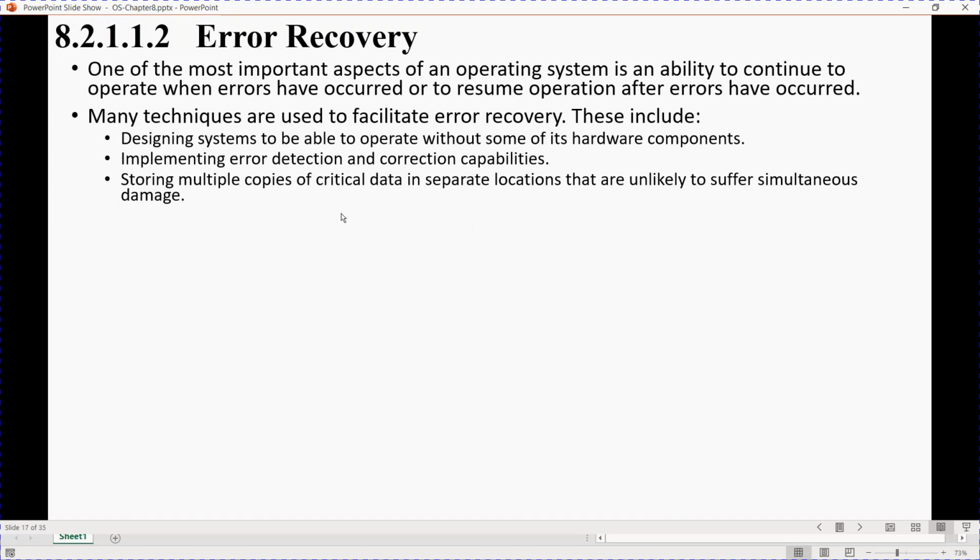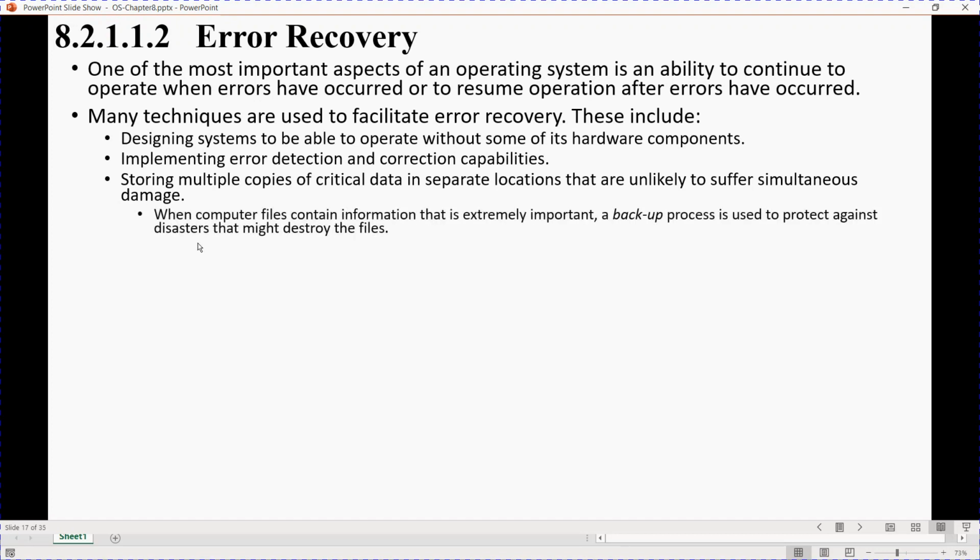You can store multiple copies of essential data and put them in separate locations that are unlikely to suffer simultaneous damage.